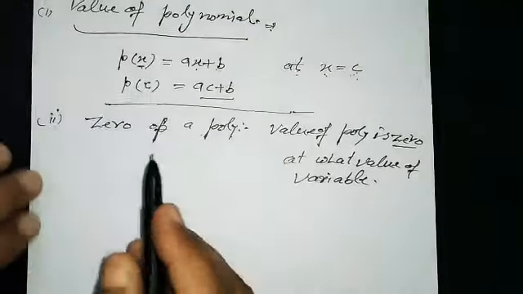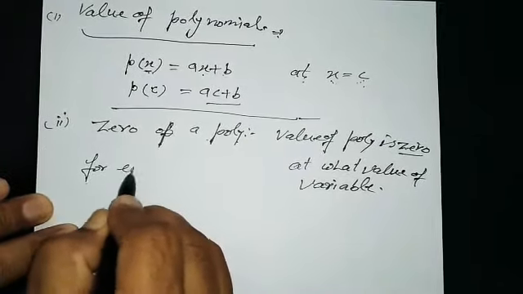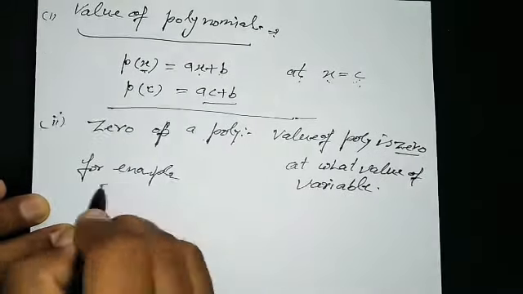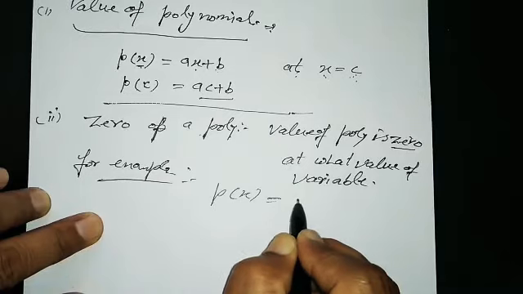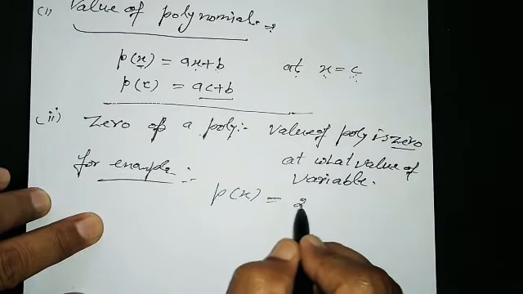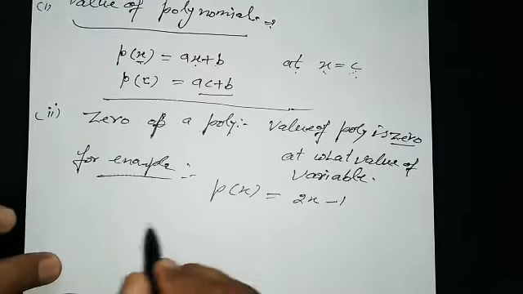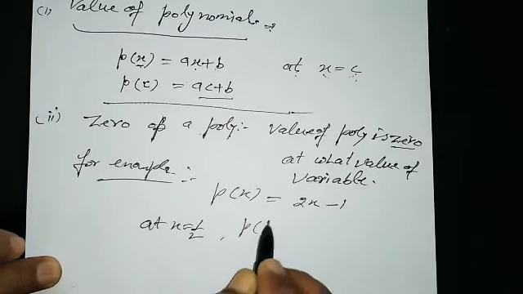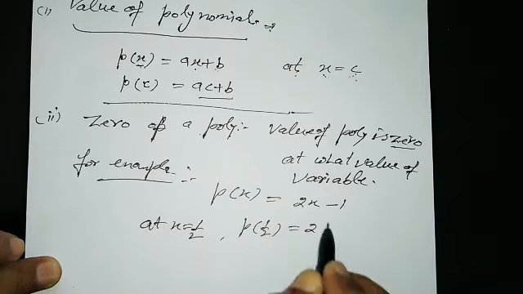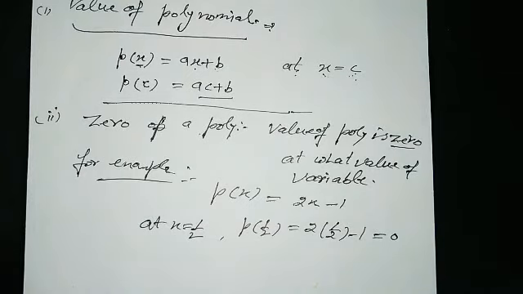Let us take an example. If, for example, you have a polynomial p(x) that is 2x minus 1, right? Now at x is equal to half, you will see this value becomes 0.